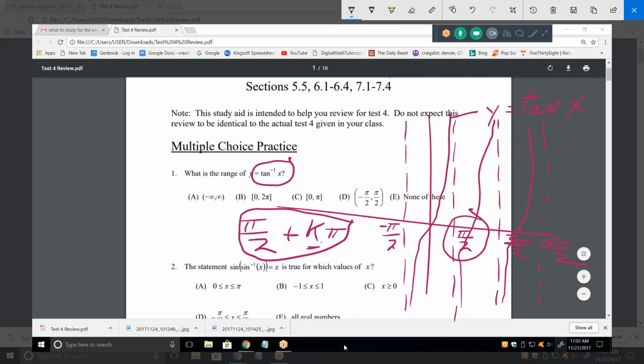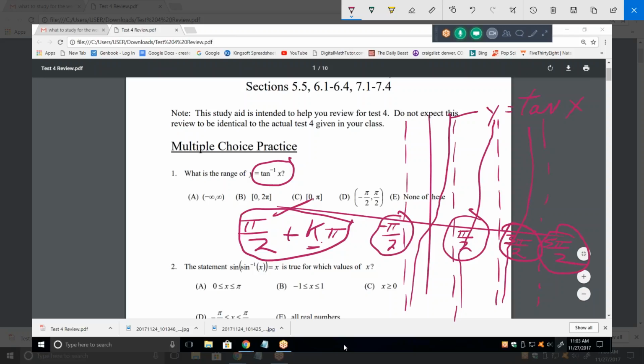If k is minus 1, you get that asymptote there. If k is 2, you get that asymptote. If k is 1, you get that asymptote. So this is the terminology that is used to describe the domain of tan x.